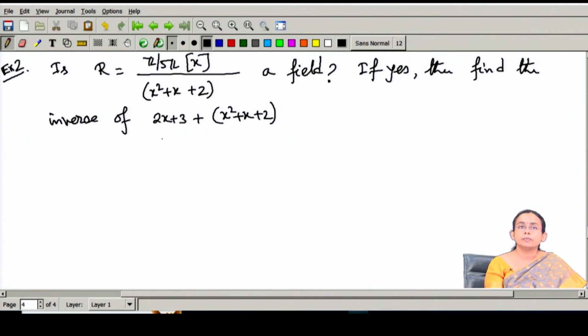So, the multiplicative inverse of this element in this quotient ring. So, let us see how to proceed.